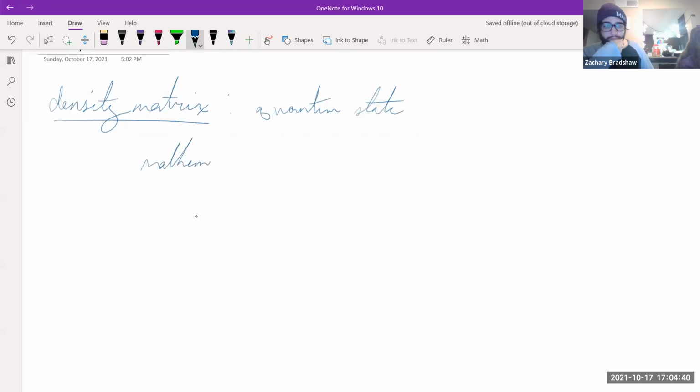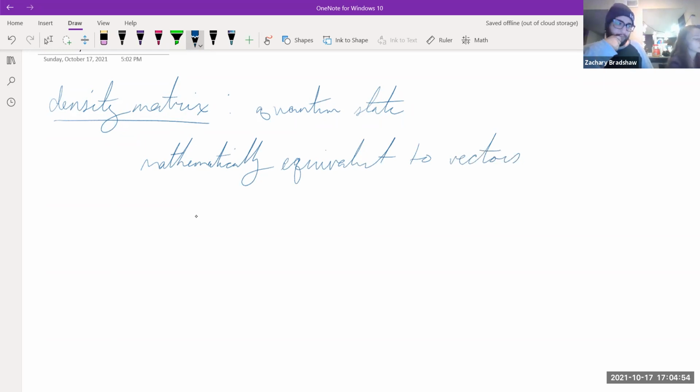Mathematically, everything you can do with your vector description, you can do with your density matrix description, and vice versa. There's just for certain applications, it's technically easier to use the density matrix description. I'll prove these are equivalent later.